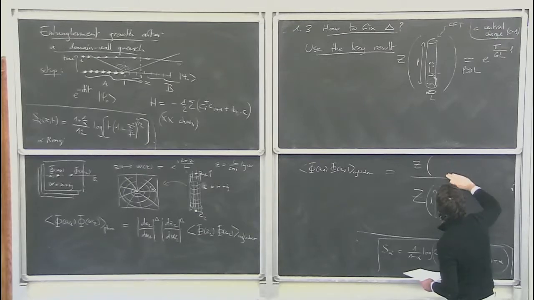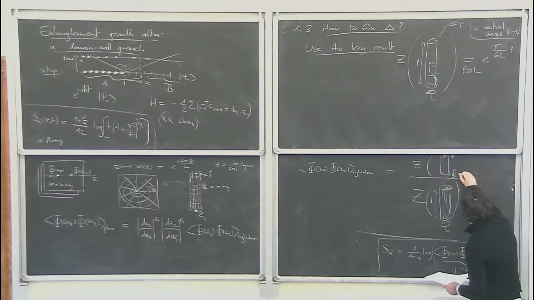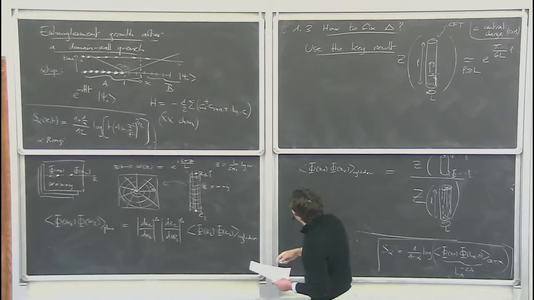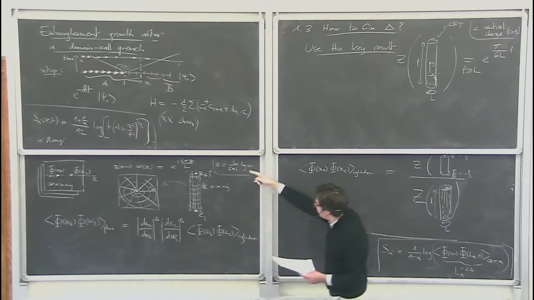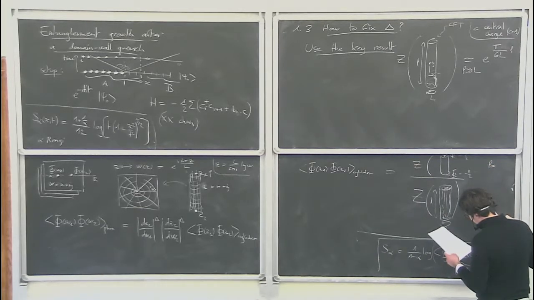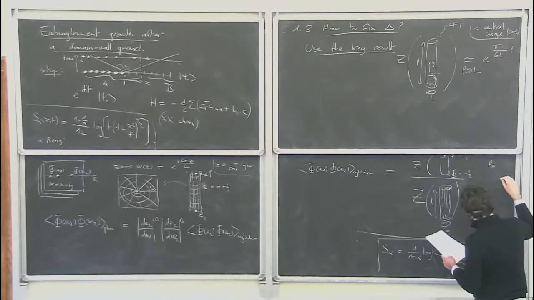And here, because I'm inserting one of these fields phi that change the boundary condition, at some position, let's say they are at minus L over 2 and L over 2, where, because Z is given by this, you can see that L is L over 2 pi log of W2 divided by W1.